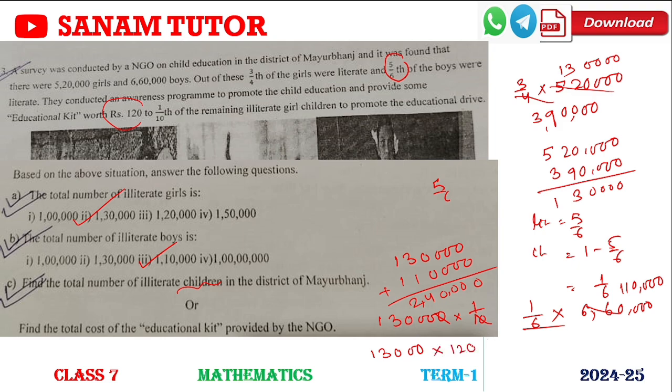So multiply 12 into 13, that is 156, and then the zeros.